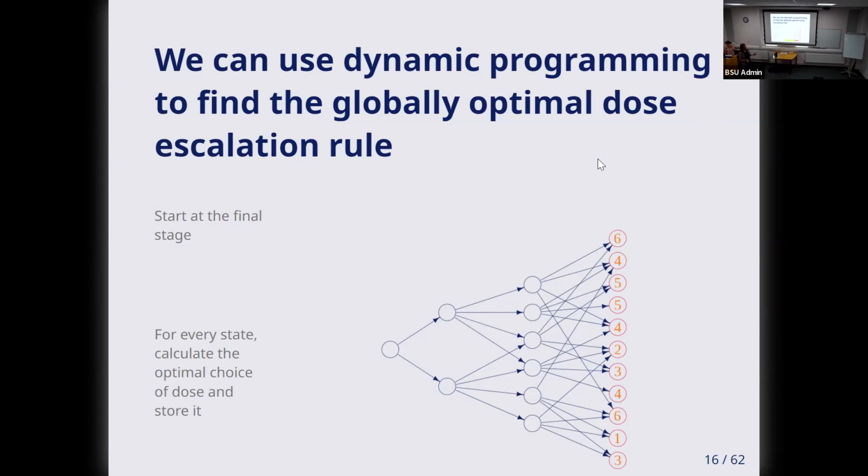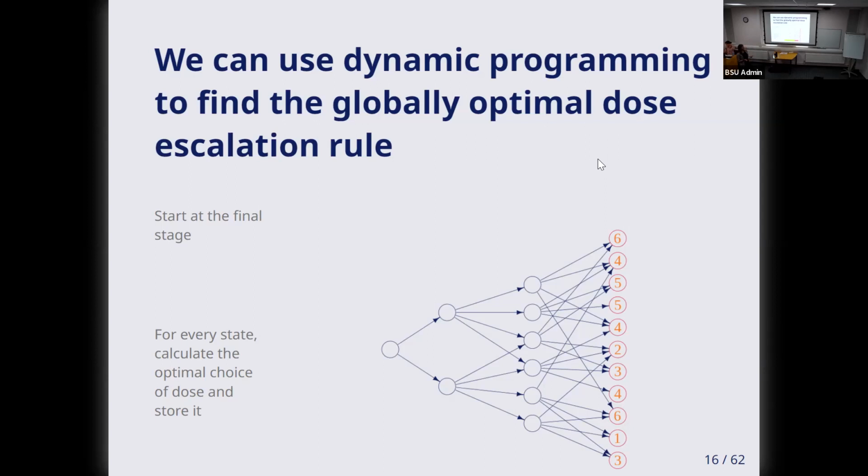And so we're going to fill in all of these circles at the final stage. We're going to do that calculation for every possible data set that we could have at the final stage of the trial. And by data set, I can't remember if I said this, I mean the number of cohorts allocated to each dose level and the number of events observed at each dose level.